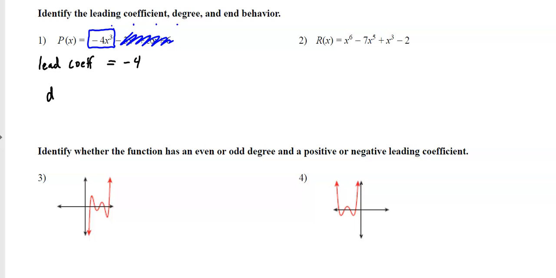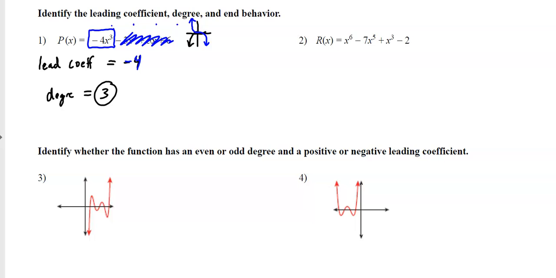My degree is 3. So this is a third power. So I got to understand, well, the parent function for x to the third looks like this. All right, so this 3 kind of gives me an idea of what the parent function looks like. But this -4, that reflects it. So I'm actually doing that.